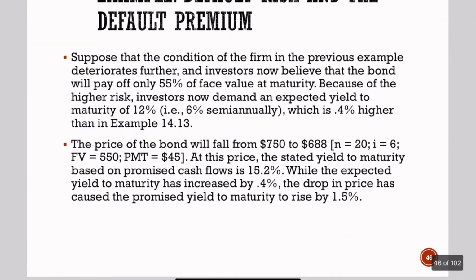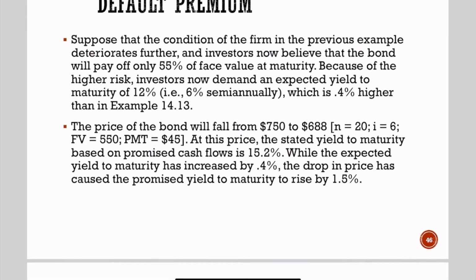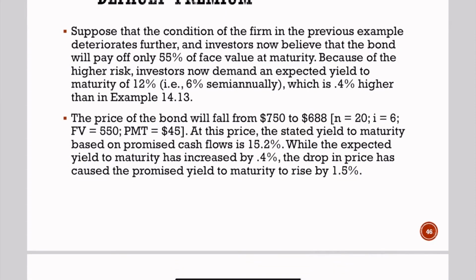And because of higher risk, investors now demand an expected yield to maturity of 12%. The first thing is we could calculate how the price of the bond will change. It's a simple calculation.